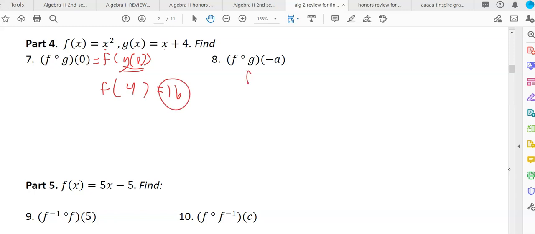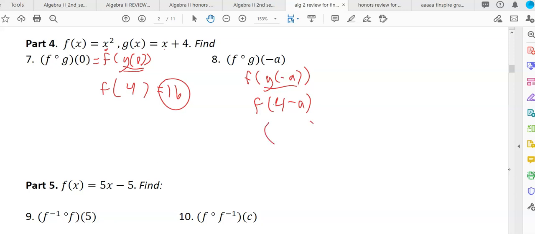Same thing here. So f of g of negative a. Do g of negative a first. So g of negative a would be negative a plus 4. I'm going to write it this way, 4 minus a. You could have written negative a plus 4. Plug that in for x right there.